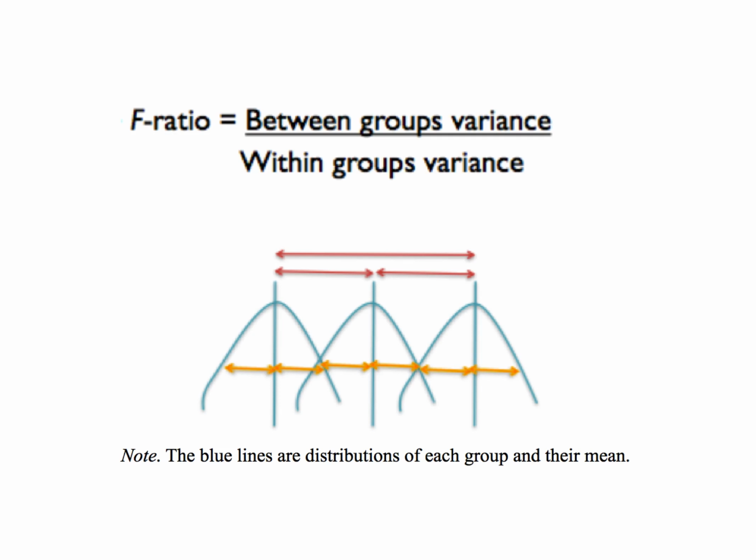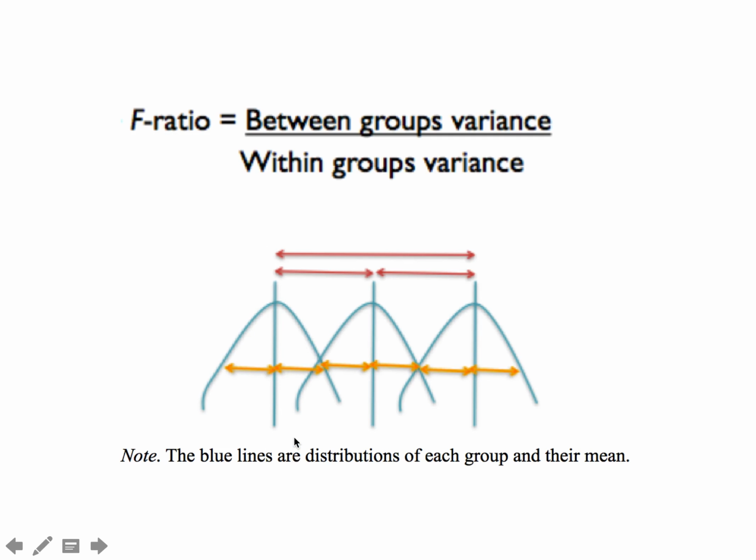When we talk about between groups variance, what we're getting at is the differences in means between groups. So the blue lines here represent each distribution. So it represents each group and their mean. So the up and down lines here are the means for each individual group. Okay?